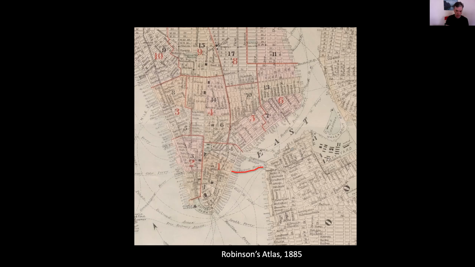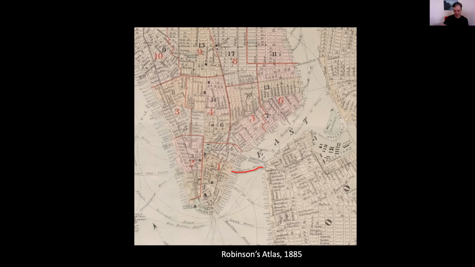And I think the Fulton Ferry was the first one, although maybe the South Ferry was the first one. But the Fulton Ferry continued to operate after the Brooklyn Bridge opened. It's not like there was the ferry era and then the Brooklyn Bridge. That wasn't true at all. And in fact, in the years after the Brooklyn Bridge opened, ferries were every bit as important as they had been.